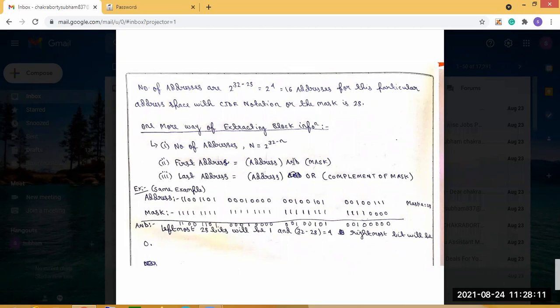We will take the address and the mask value, and with this mask value, we'll perform the AND operation. And for the last address, we will do what? First we'll write the address, then we will do the OR operation with the complement of the mask.